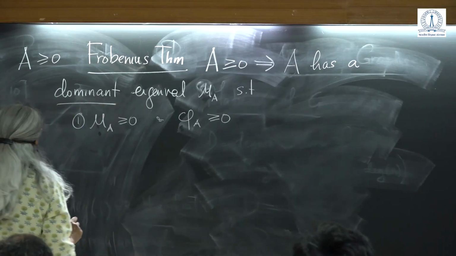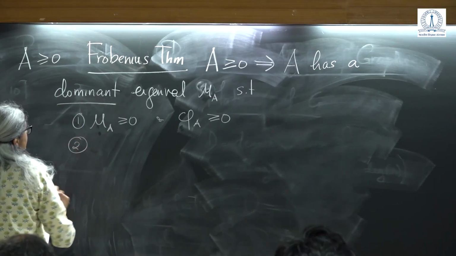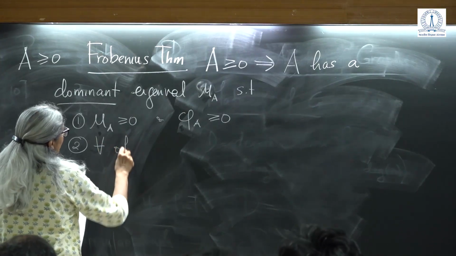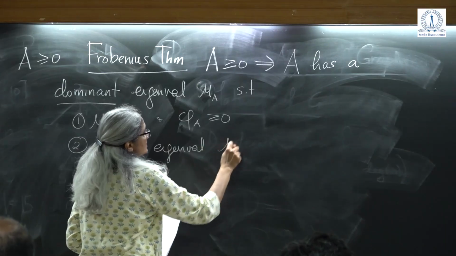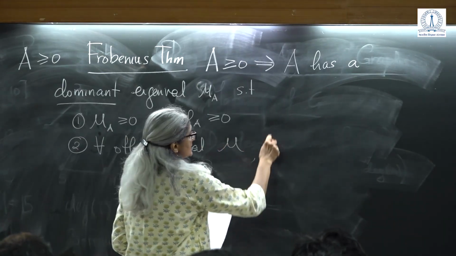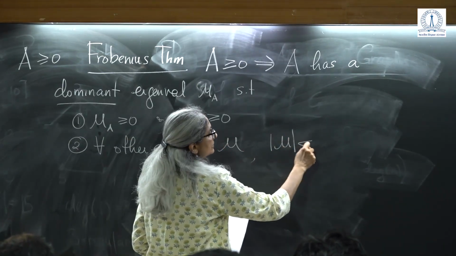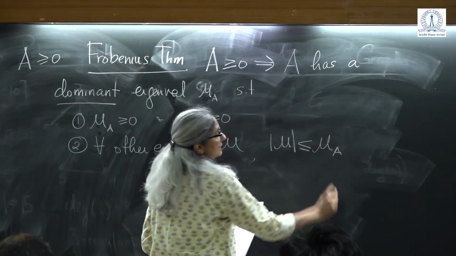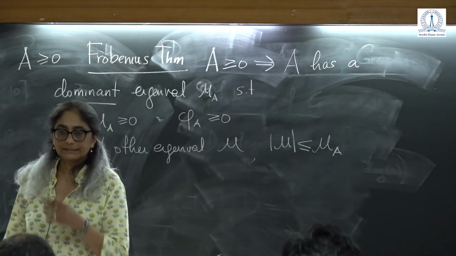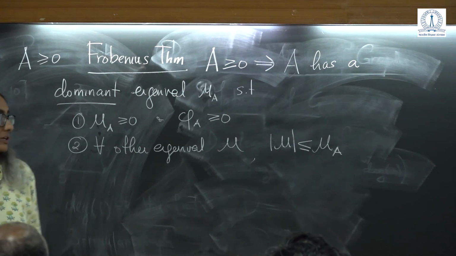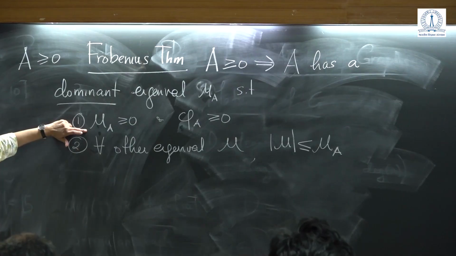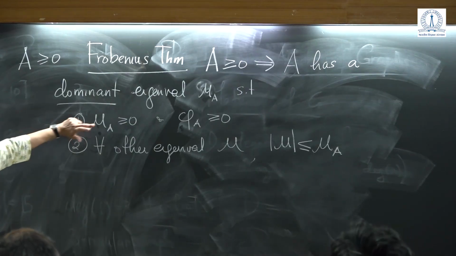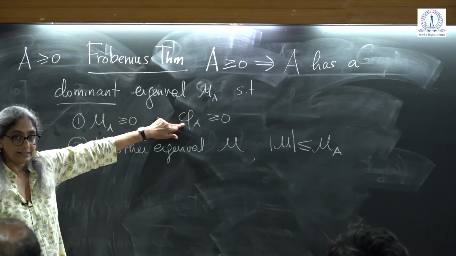Good, and then the second piece is that for every other eigenvalue of A, let's call it just mu, it must be that the absolute value of mu is less than or equal to this dominant one. So it has a top eigenvalue which is non-negative, and it comes with a non-negative eigenvector.